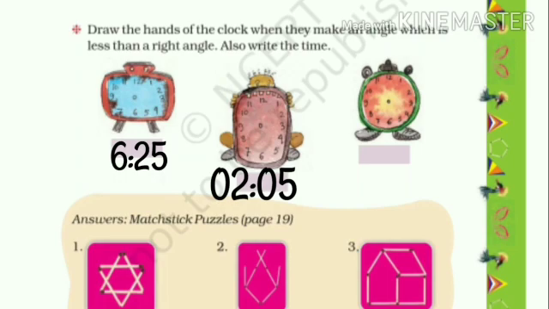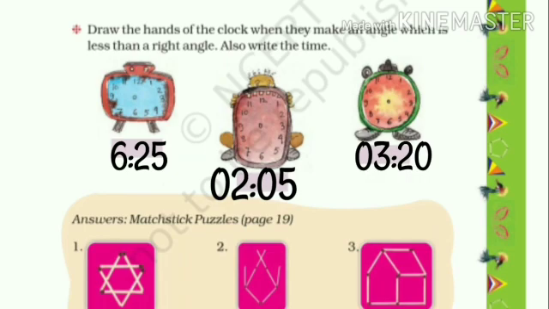Now the third, as I've told you for 3 o'clock, I'm taking 3:20. Hour hand will be on 3 and minute hand on 4. So 3:20 is also less than a right angle. So students, here we have learned the angles which make less than a right angle.